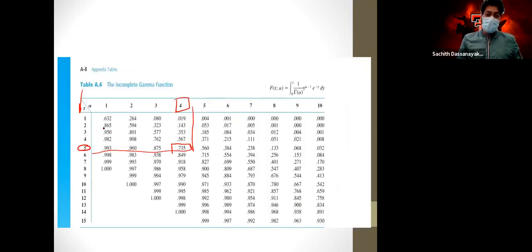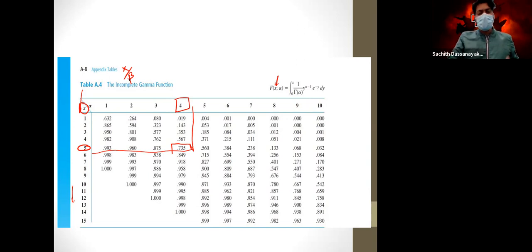If x is 500 and beta is 10, then that value is 50, right? So 50 we cannot find here, but that's how we get those x values.